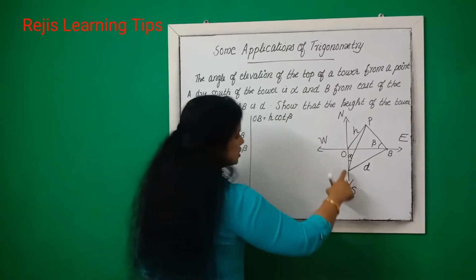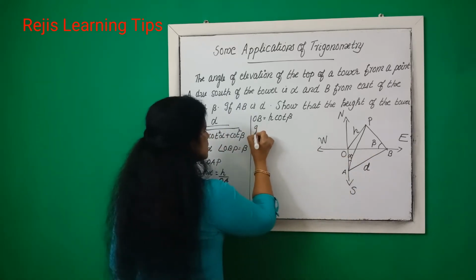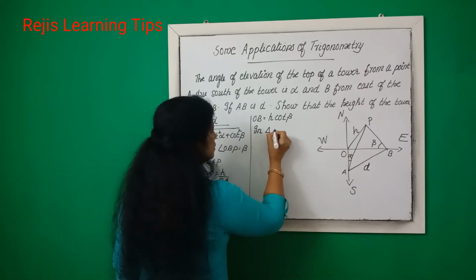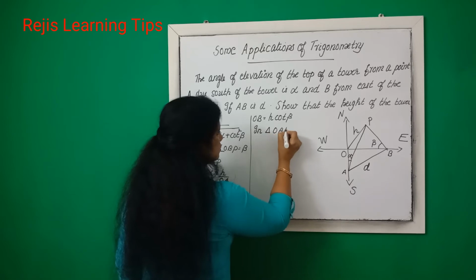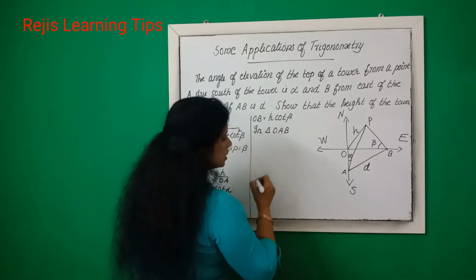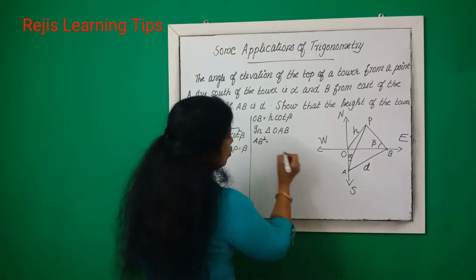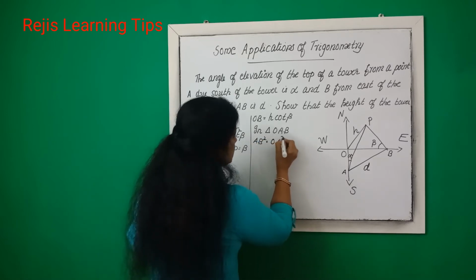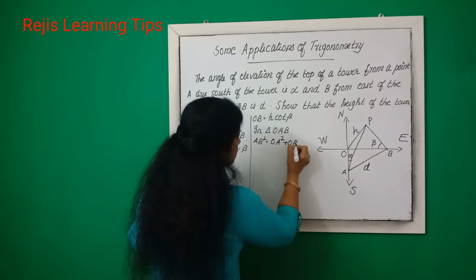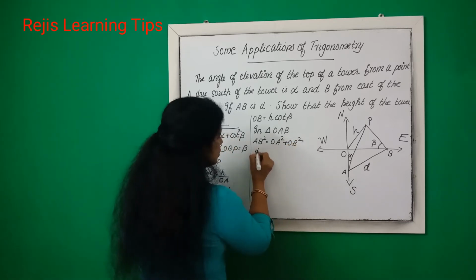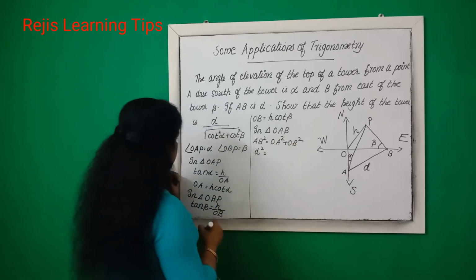Then consider the right triangle OAB. In triangle OAB, AB square is equal to OA square plus OB square. AB is D, so D square is equal to OA square.